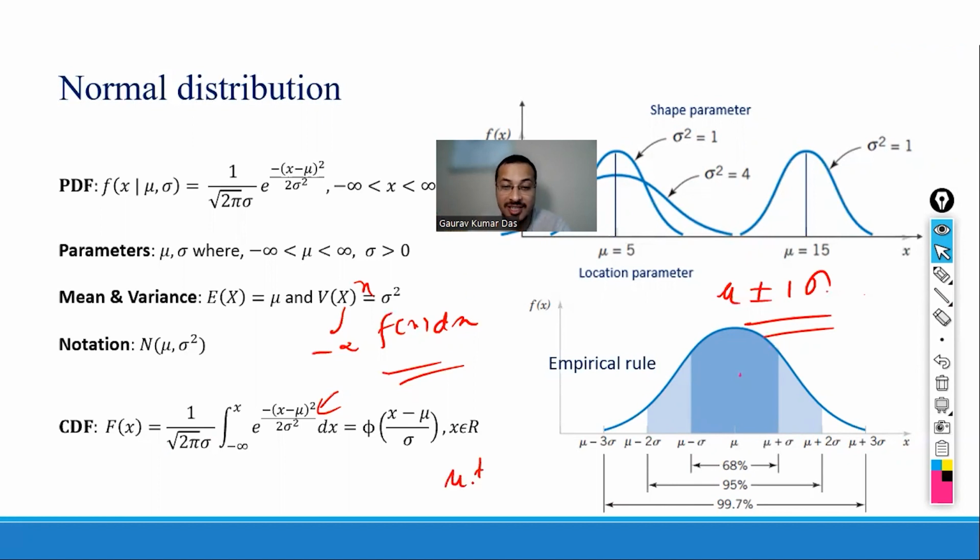If you find the difference, mu plus 3 sigma minus mu minus 3 sigma, to see the range, this actually becomes 6 sigma, a 6 sigma range. So that's why we have Six Sigma Bell certification and all those things.